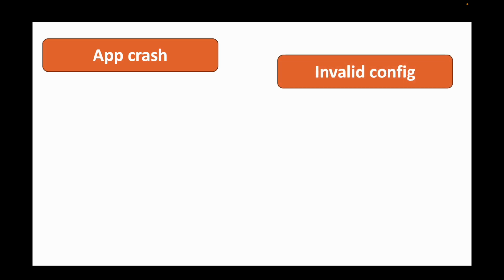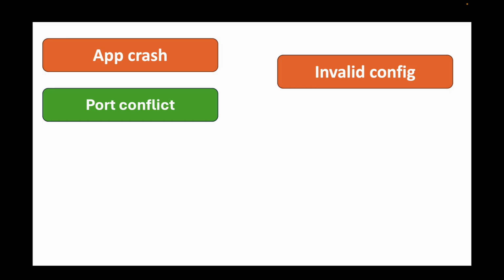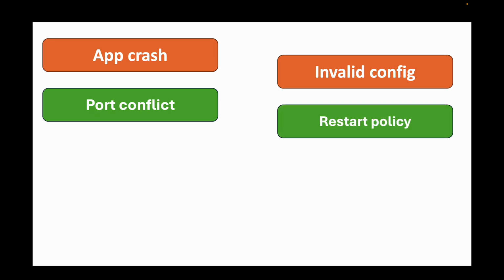In this case, the application exits due to a runtime error. Then invalid config. So missing or incorrect environment variables or configs can cause failure. Then port conflict. So two containers trying to bind to the same host port number.